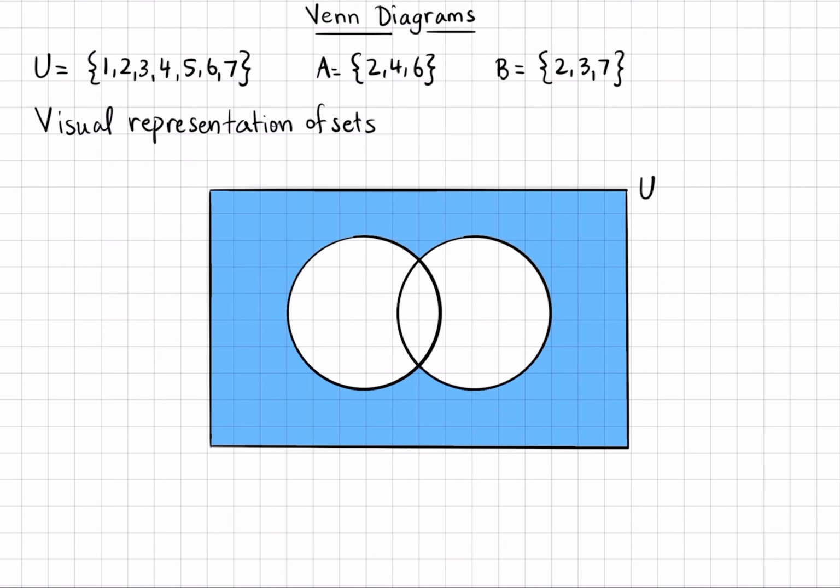I just shaded everything that is outside sets A and B. All right, now this will bring us back to complements of sets. As we've mentioned in the previous video, a complement of a set is anything that is not in this set, but still in the universal set.